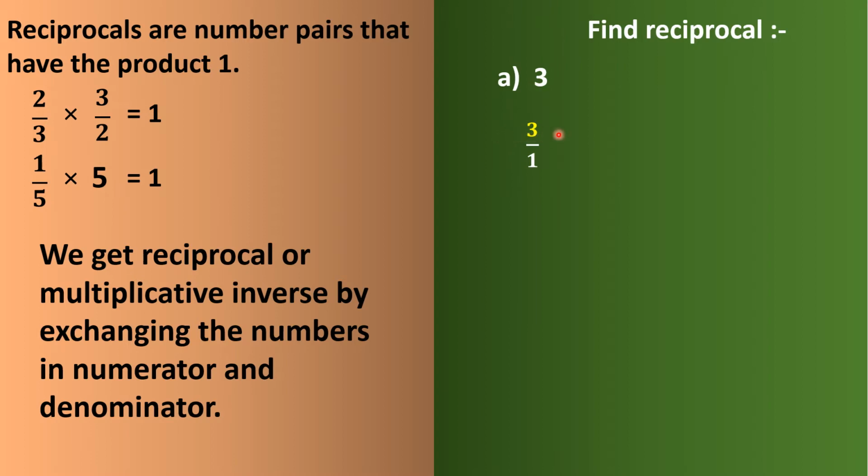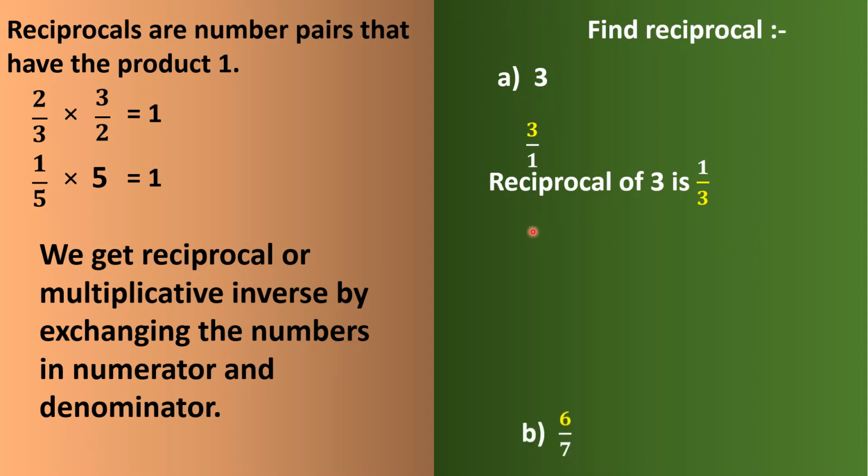We will just exchange the numerator and denominator to each other. It means 3 will be the denominator and 1 will be the numerator. So the reciprocal of 3 is 1 by 3.